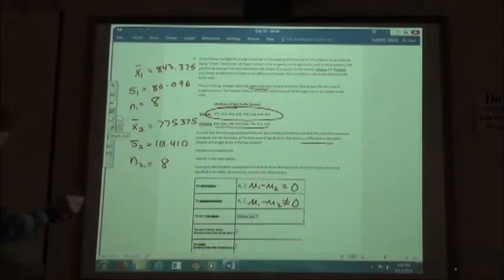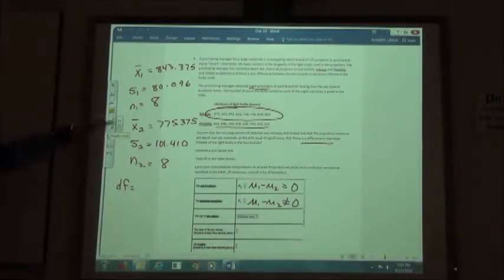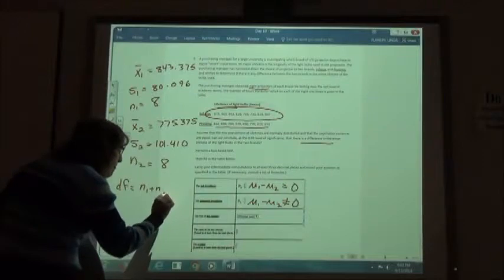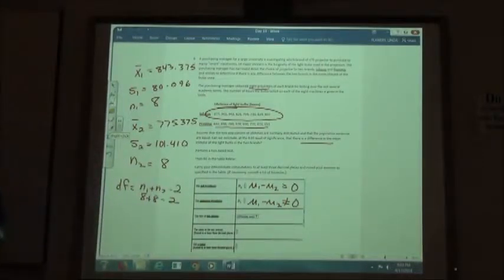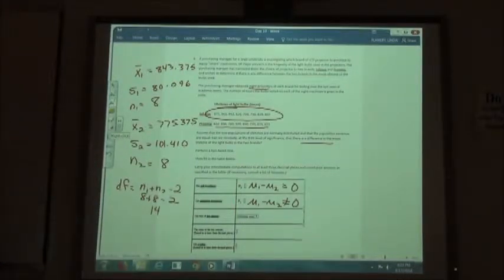All right, degree of freedom, I'm going to do that right away. For my degree of freedom, we did N1 plus N2 minus 2. So in this case, we have 8 plus 8 minus 2. 16 minus 2 gives us 14 degrees of freedom.